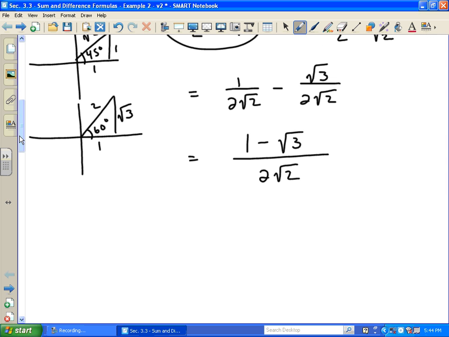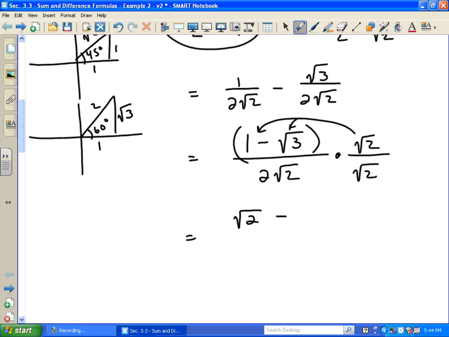The last step is to rationalize my denominator. I'll do so here by multiplying by the square root of 2 over the square root of 2. On the top, I'll have to distribute. So I'll have 1 times the square root of 2, which is the square root of 2, and then negative square root of 3 times square root of 2 is negative square root of 6.